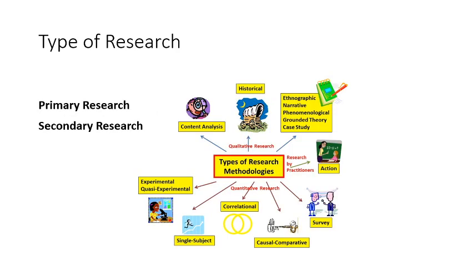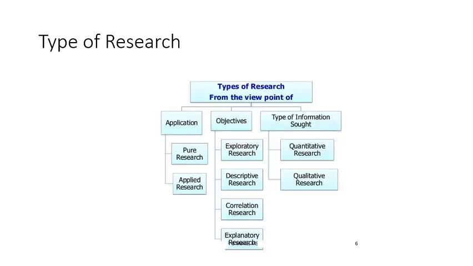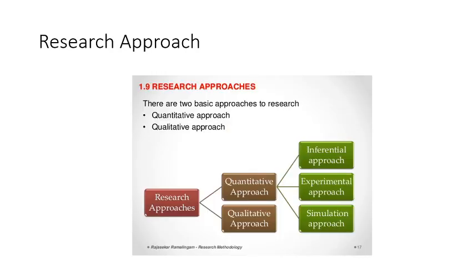The last thing which you need to remember, and it is very important in research design, is to mention which kind of research you are conducting, and obviously that will be related with your research problem. Then the second thing which is very important in research design is the research approach.